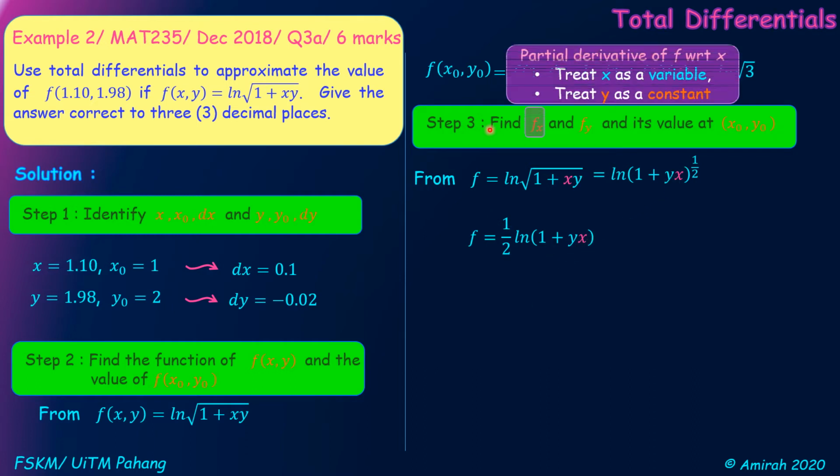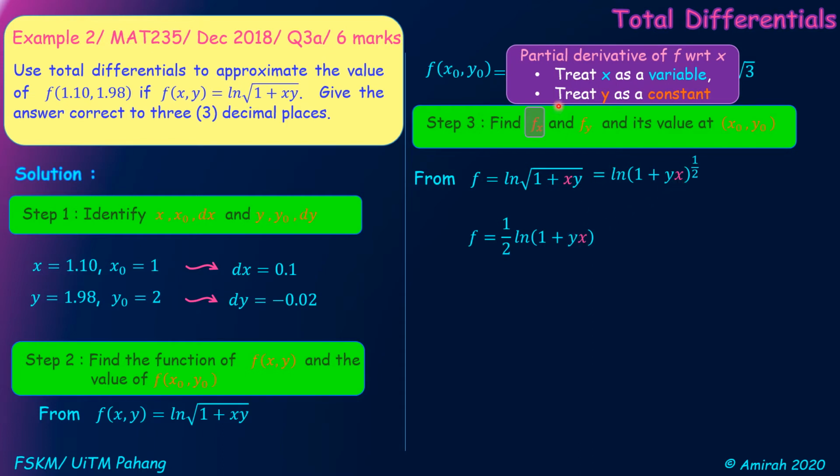Now we want to find fx. fx means the partial derivative of f with respect to x. We treat x as the variable. To avoid error and make it easy to differentiate, we can write x in a different color and put the variable x at the back.